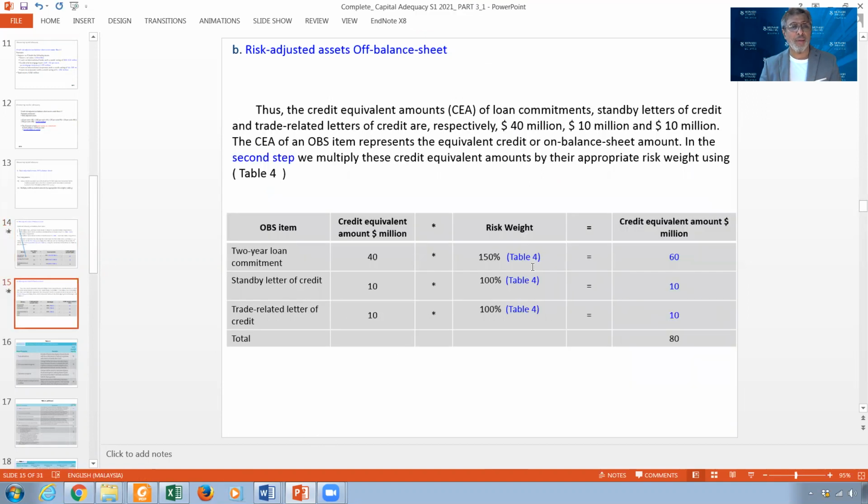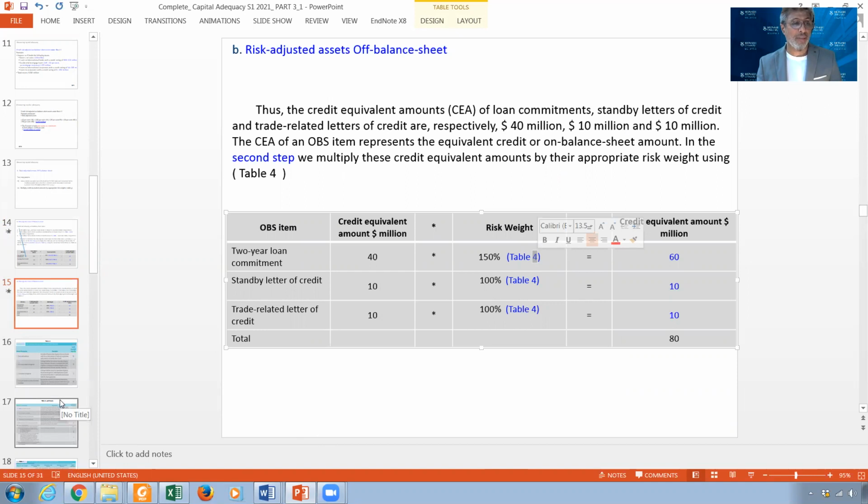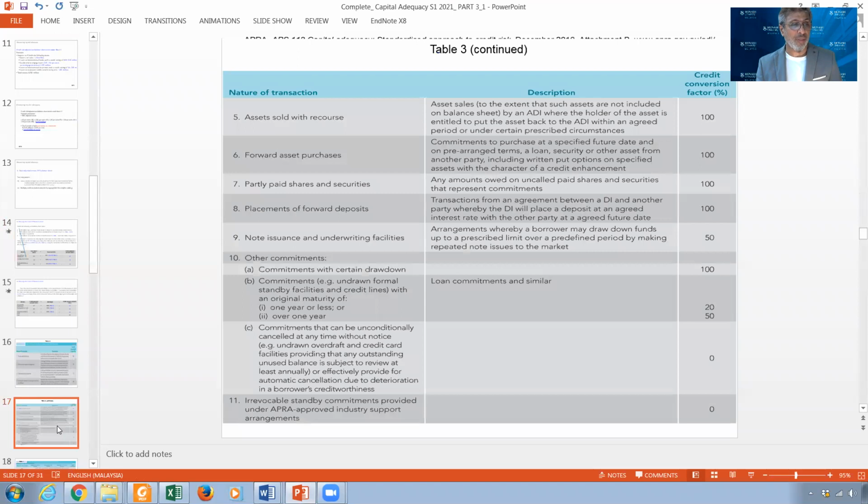So if I go to here, actually it's saying table 4, according to the sequence of the tables here. But here we can use, this is table 4 actually.